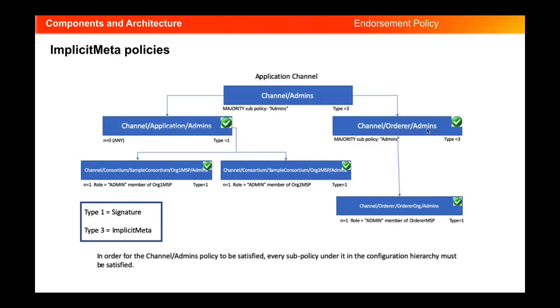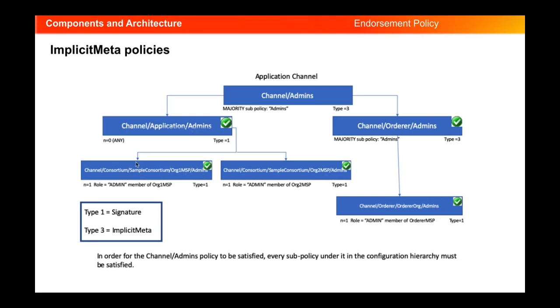For channel slash orderer slash admins, you have channel orderer and the orderer organization admin. So you have only one admin taking care of this orderer MSP or orderer node. In channel slash application slash admins, you have organization 1 MSP and organization 2 MSP.